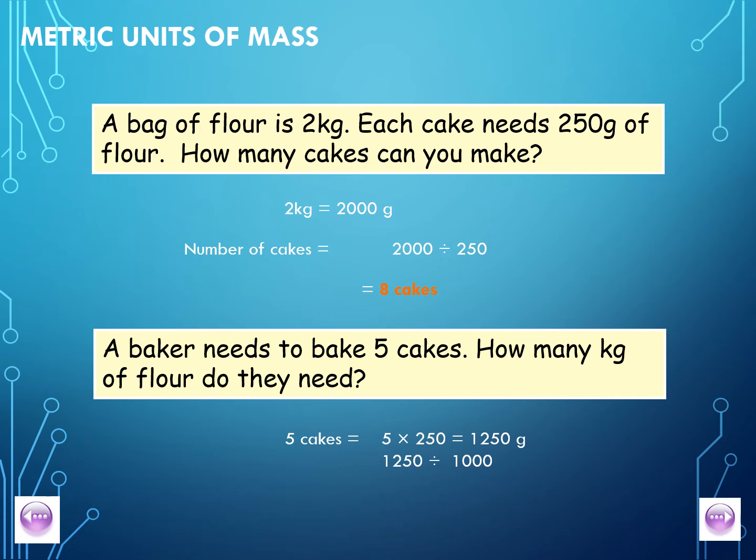Thereafter, we divide the final answer, 1,250, by 1,000 to get our final answer in kilograms. Bear in mind, the question is asking us how many kilograms of flour this person needs. So our final answer would be 1.25 kg, or 1.25 kilograms.